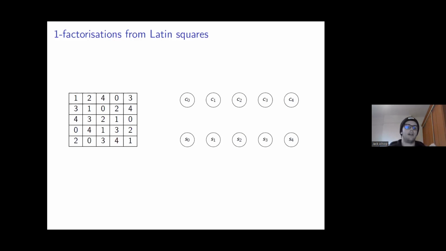And then for every row of the Latin square, we can define a one factor in the graph. And we do this by adding an edge from Ci to Sj whenever symbol j is in the ith column. So in this example, we consider row 0 of this Latin square. And in column 0, you have symbol 1.